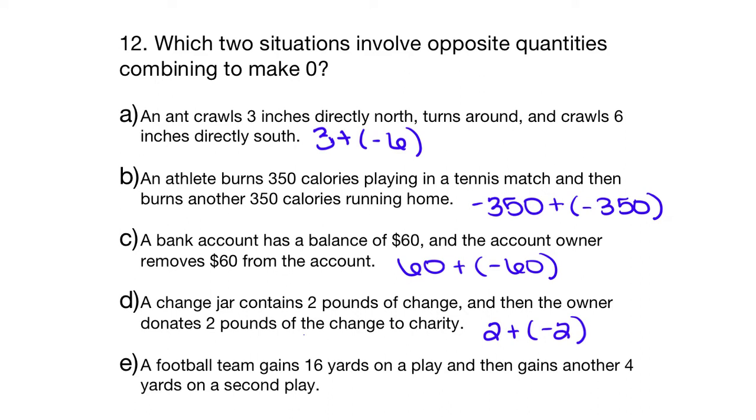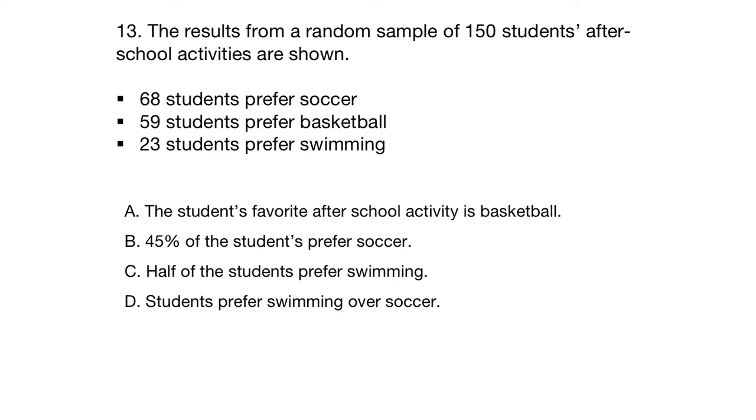Yes, ma'am. Positive 16 plus positive 4. And we're looking for the ones that have opposite quantities to give you 0, Corey. C and D. Very good. All right. Let's go to number 13.